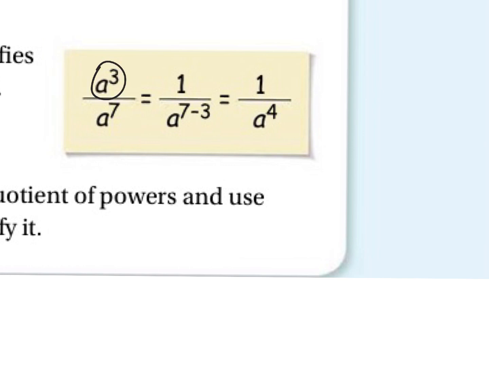It's kind of like we're taking away the 3 factors in the numerator, kind of by canceling out 3 factors of a, and then that'll give you 1 over a to the 4th. So this gives you an idea of how to work with division properties of exponents. Have a good day.